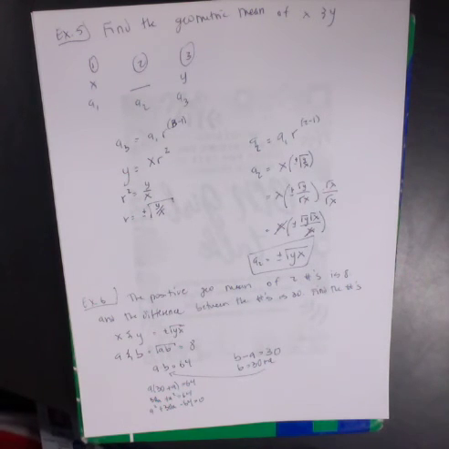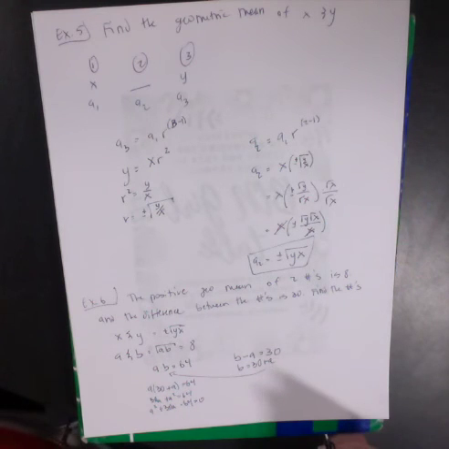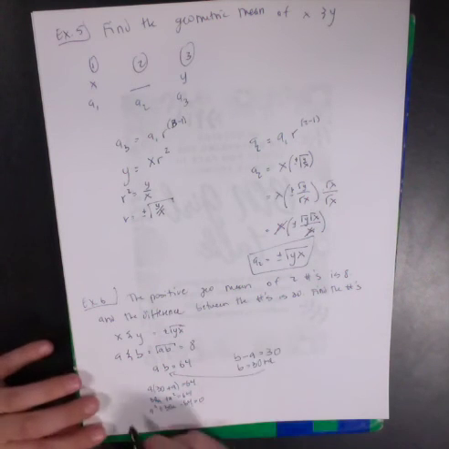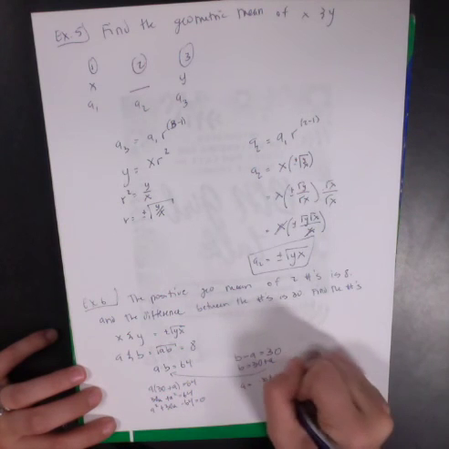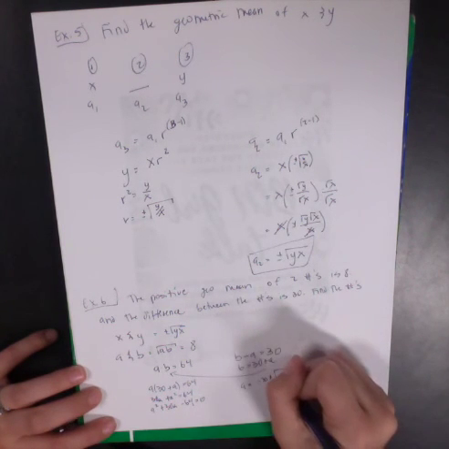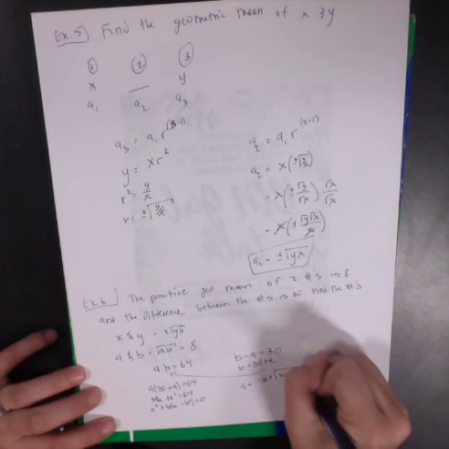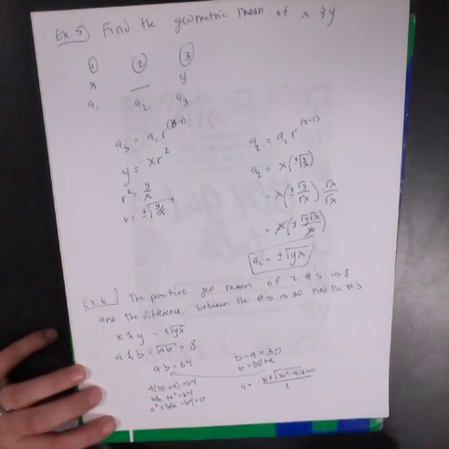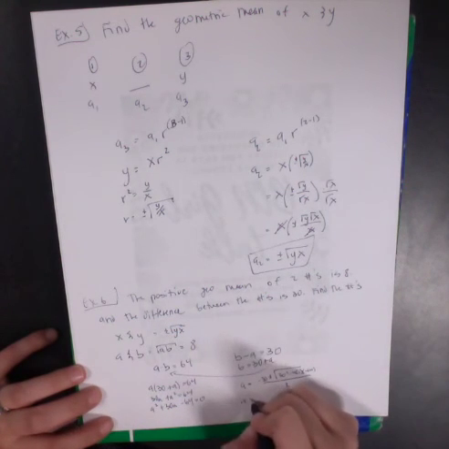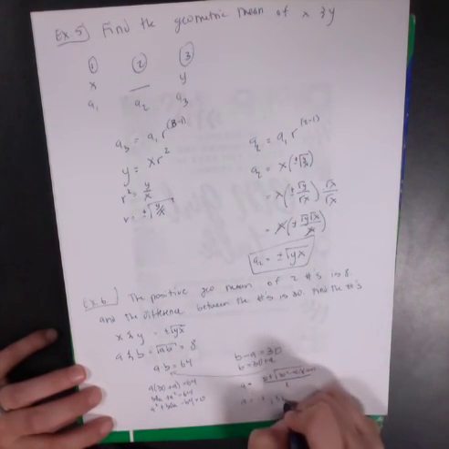I can solve using the quadratic formula. So a equals negative b plus or minus the square root of b squared minus 4ac all over 2a. And it ends up giving me that a is negative 2 or 32.